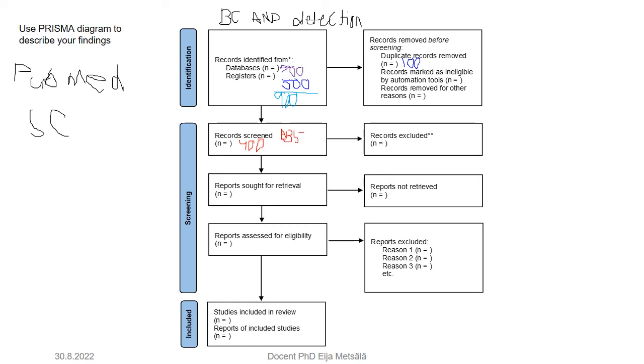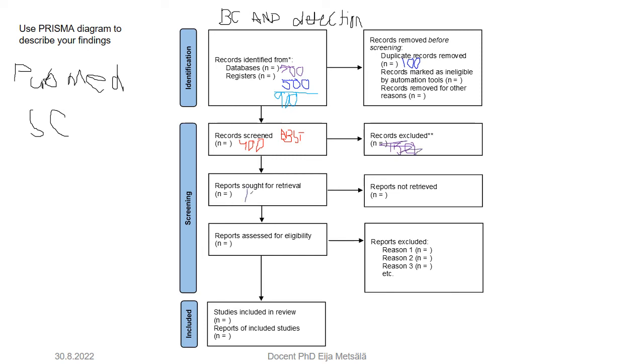And find out that out of those, having read those 400 abstracts, it seems that 150 would be excluded.